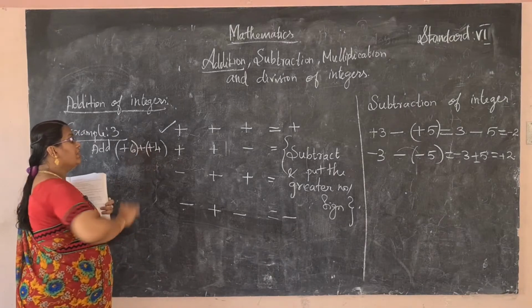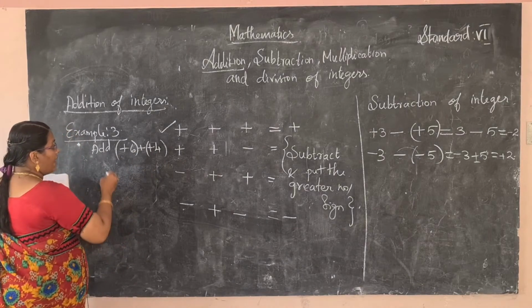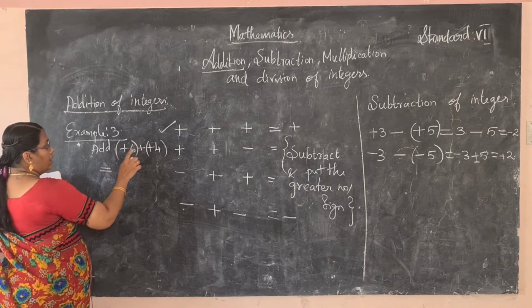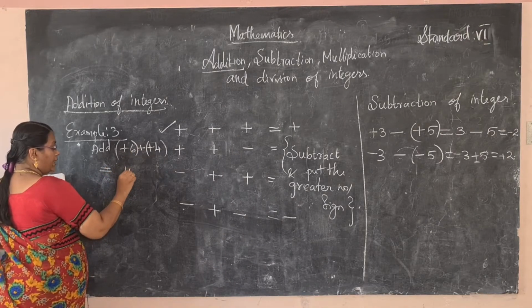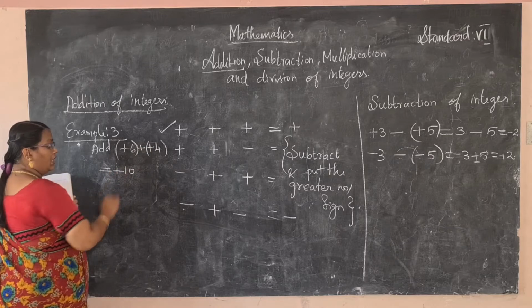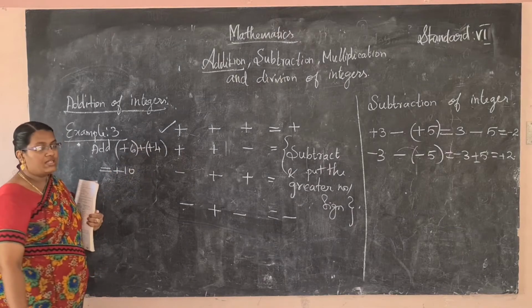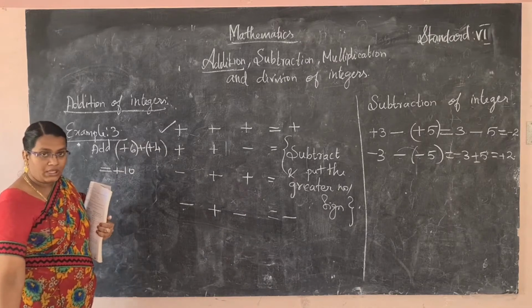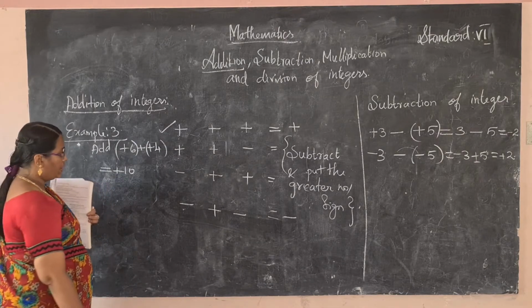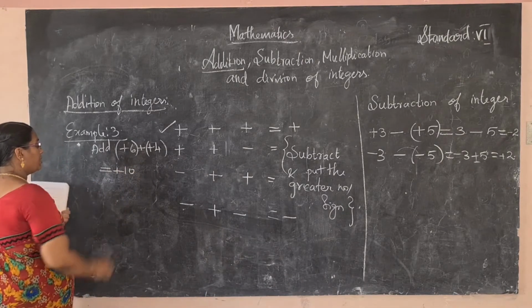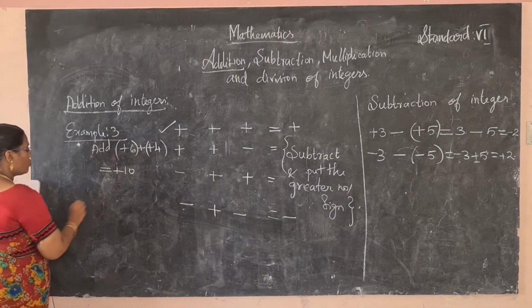Both being positive integers, we add them. So what do we get? 6 plus 4 is 10. Add and put the same sign. When different signs come, subtract and put the greater number's sign. That's it. How to draw the number line for this one?